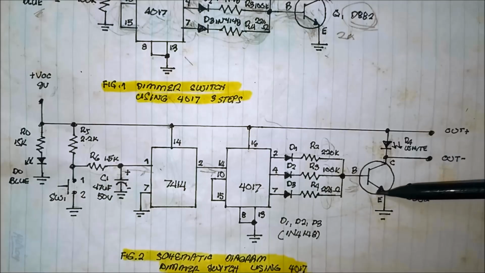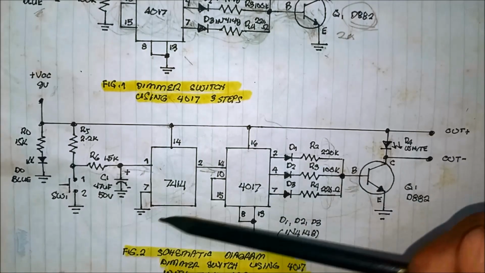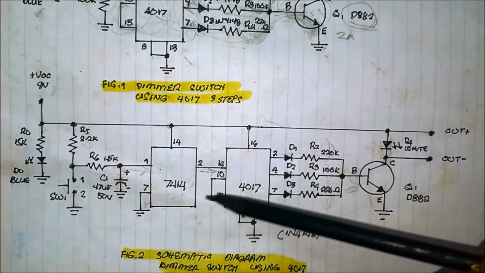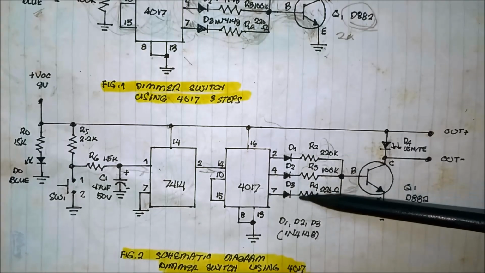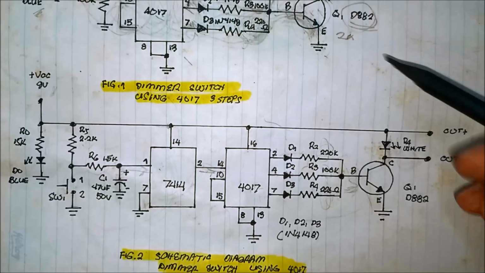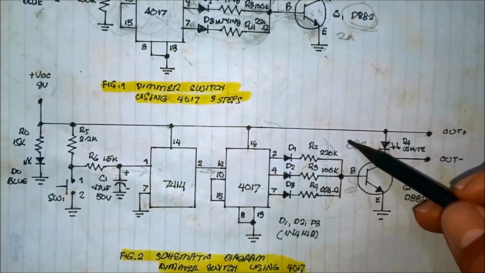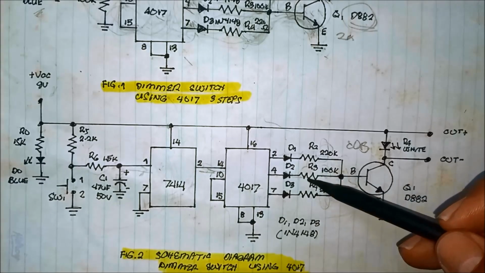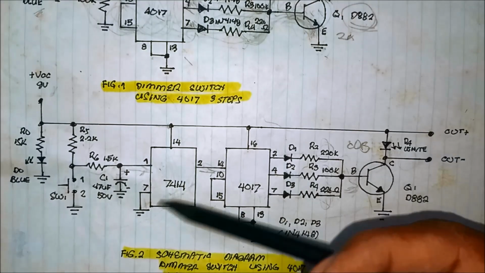So with the use of this debouncing IC, every time we press the button, it will not skip the level of brightness of this white COB. Remember that this is a COB LED.